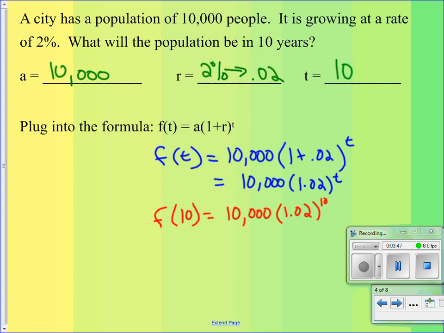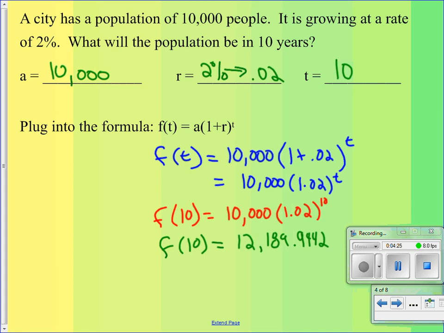So now I plug it into my calculator just as I wrote it. 10,000, parentheses, 1.02, parentheses, the caret to raise it to the exponent, 10. And I get the population after 10 years: 12,189.9442.